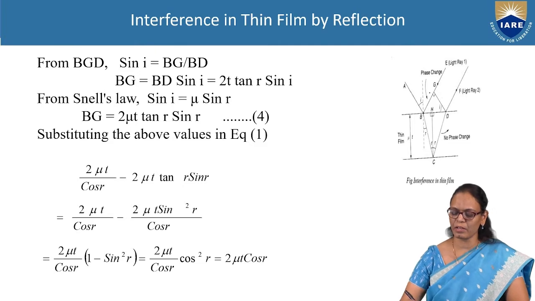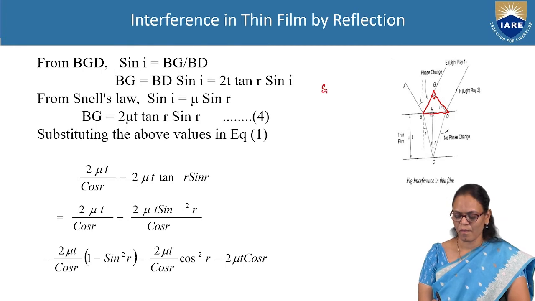So from the figure BDG, now we are going to take this right angle triangle. This is the right angle, and this angle is i. So sin i will be opposite side upon hypotenuse, so it will be BG upon BD. So BG will be equal to BD sin i.